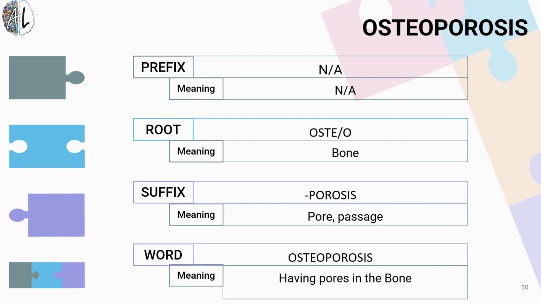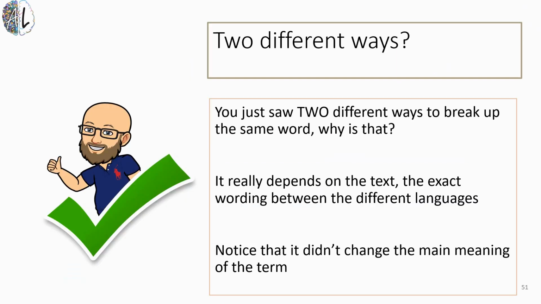And if you compare that to the previous slide and how we broke it down there, there really is not a significant difference in the meaning of the term. And so there might be two potential ways that you could break down a word in order to get the same meaning. Okay, so again, two different ways. Both ways are actually correct.